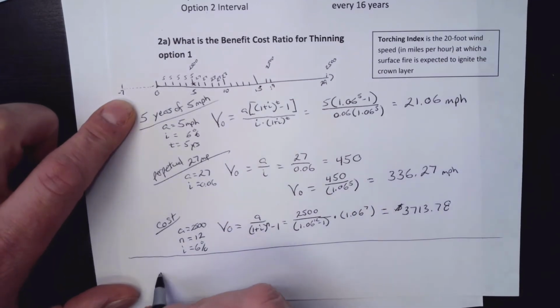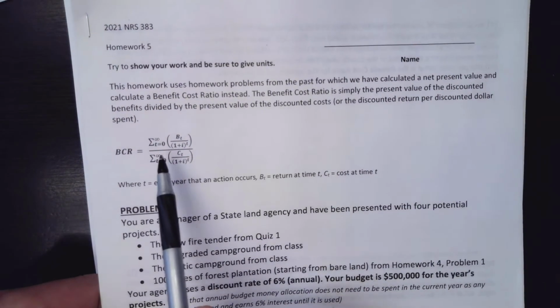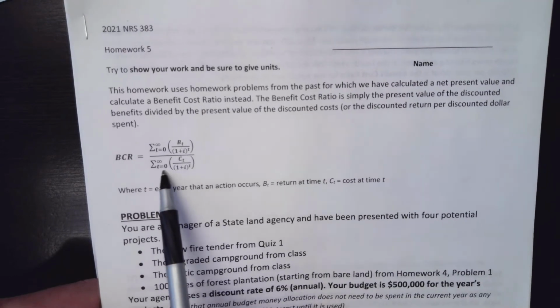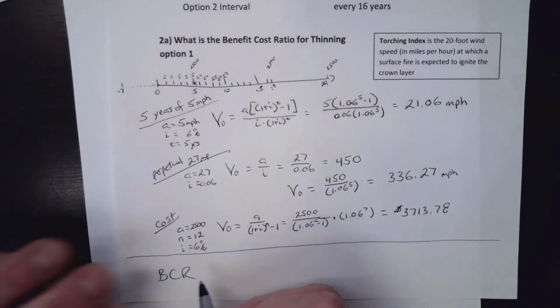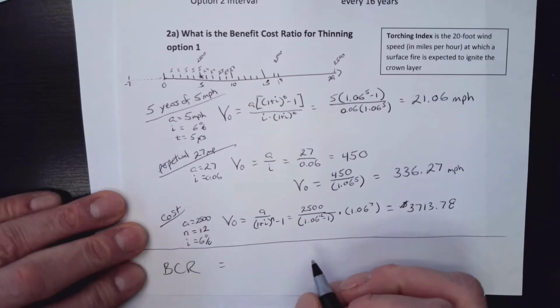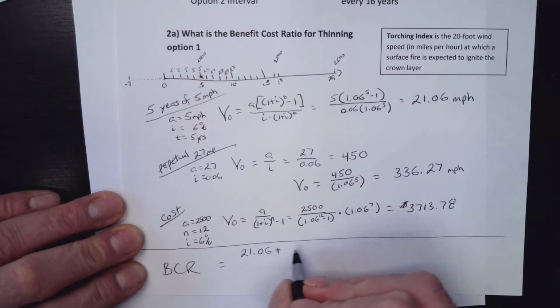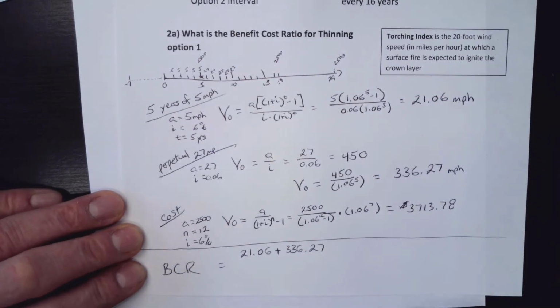So now we can do our benefit cost ratio, and like in our homework example, that's just going to be the sum of the benefits. We've already done that, brought it back to present, and the costs, we've done that. So we're just going to put benefits over costs. So our BCR is going to equal our benefits, which is 21.06 plus 336.27, right? First 5 years and all the years after.